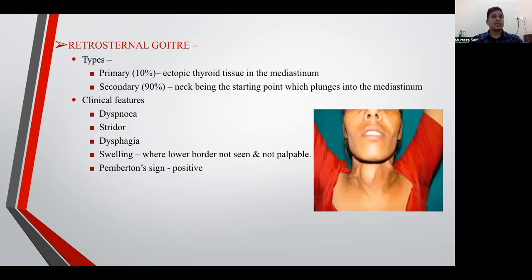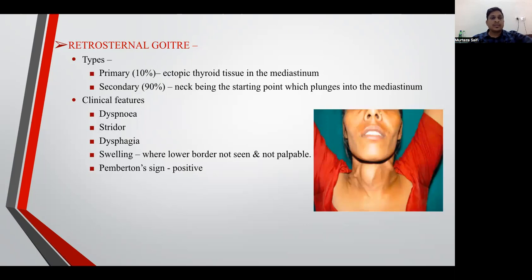Now, here is the retrosternal goiter. There are two types, mainly primary and secondary. 10% is primary, 90% is secondary. In primary, 10% ectopic thyroid tissue is in the mediastinum, and in secondary 90%, the neck being the starting point, which plunges into the mediastinum.